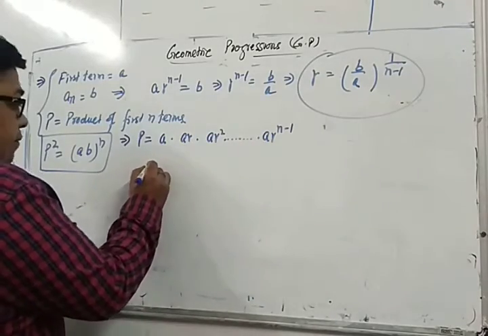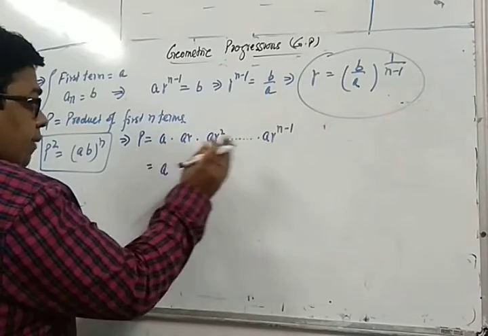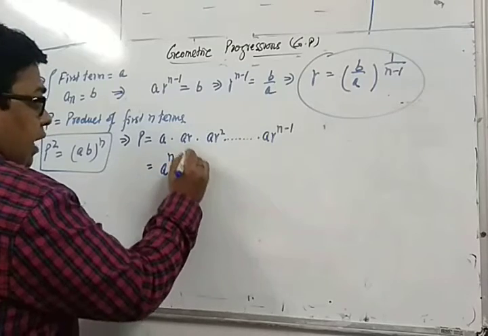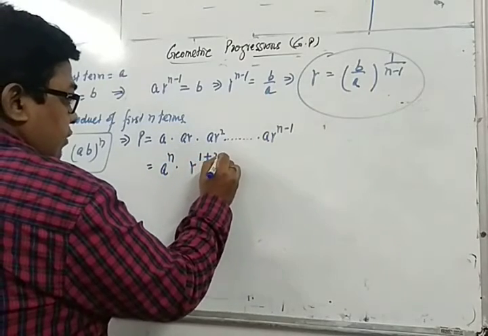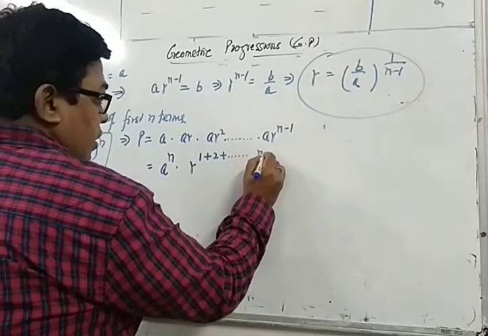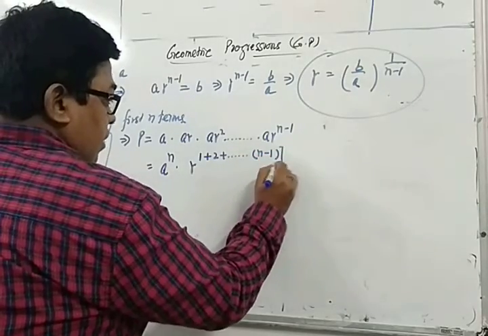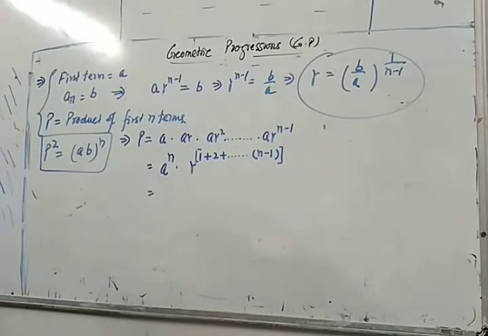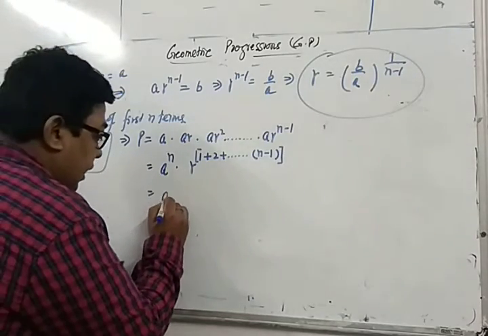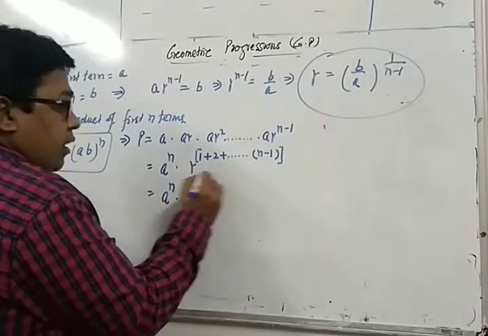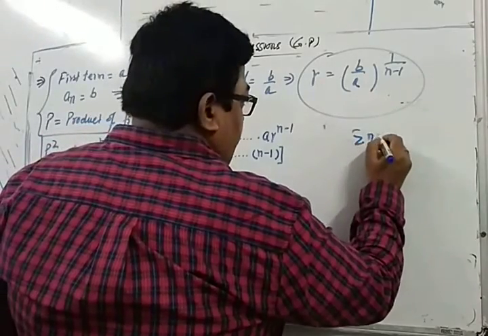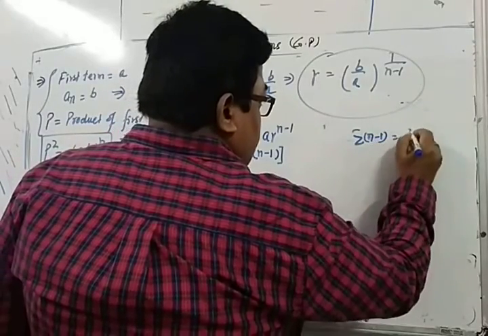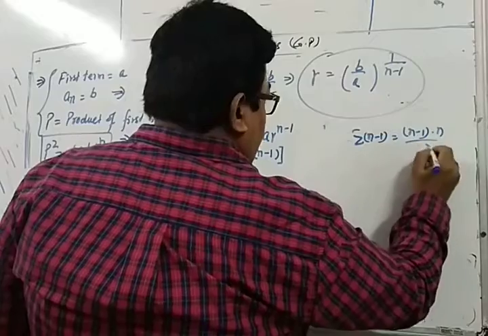So we can see here, we will separate a and r: a up to n times gives a to the power n, and r having powers from 1 to n minus 1. This is a^n r, and we will use the sigma n formula here up to n minus 1, so it is (n-1)n/2.